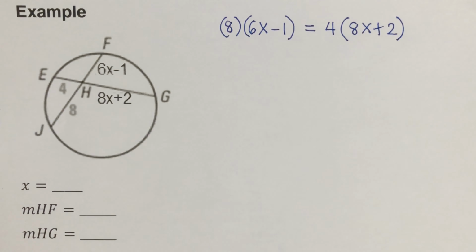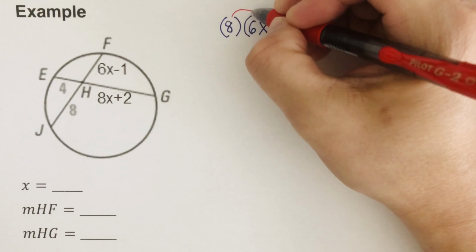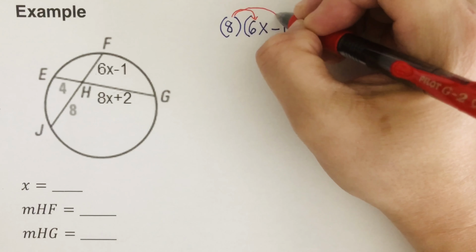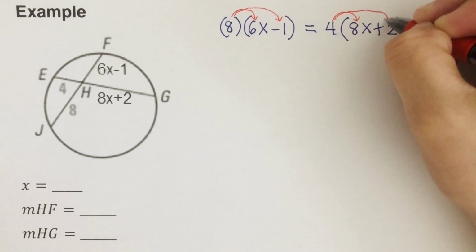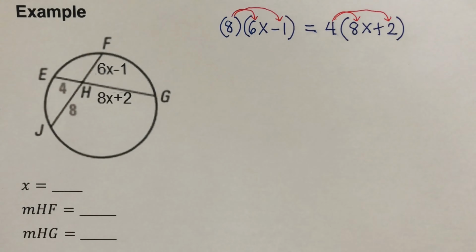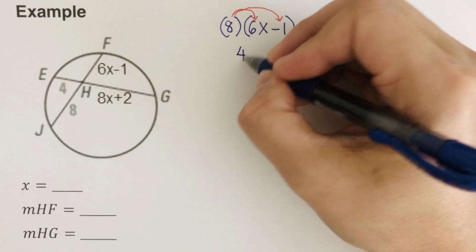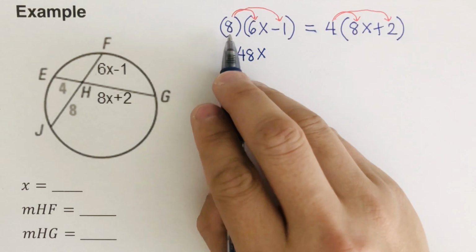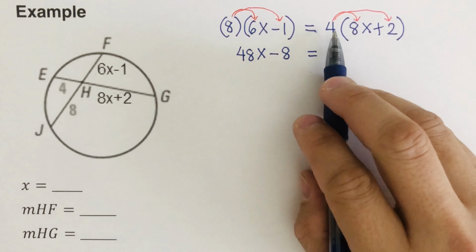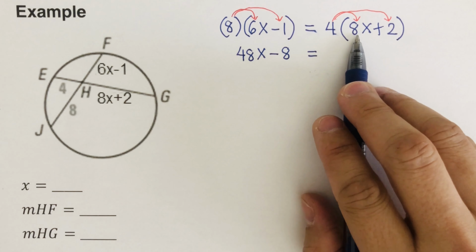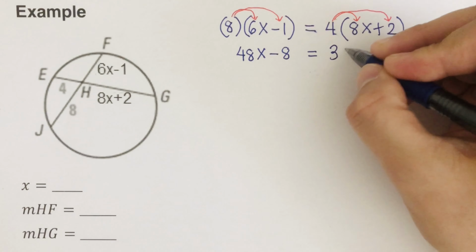So then from here, I am going to distribute the 8 to each of the terms inside the parentheses, and the 4 to each of the terms inside the parentheses. So then from here, we can have 8 times 6x is 48x. And then 8 times negative 1 is negative 8 is equal to 4 times 8x is 32x.